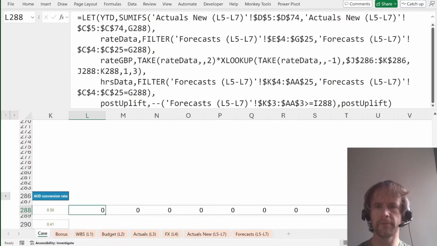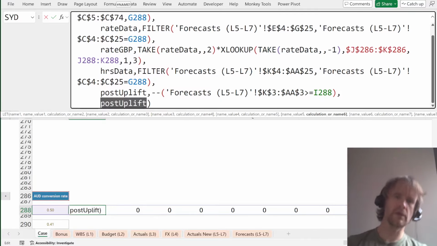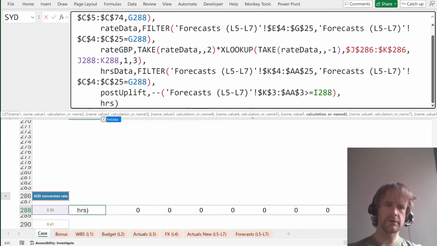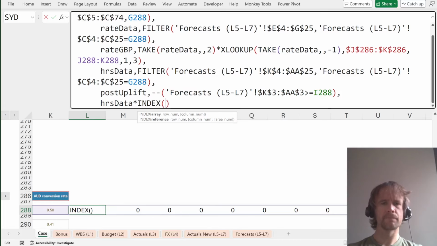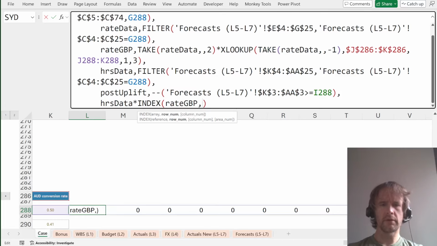Okay, so then I want hours data times if times index rate GBP. So the row number is going to be 0, and the column number is going to be if post uplift.